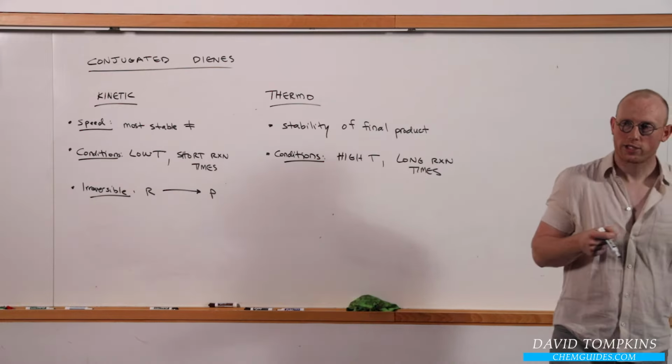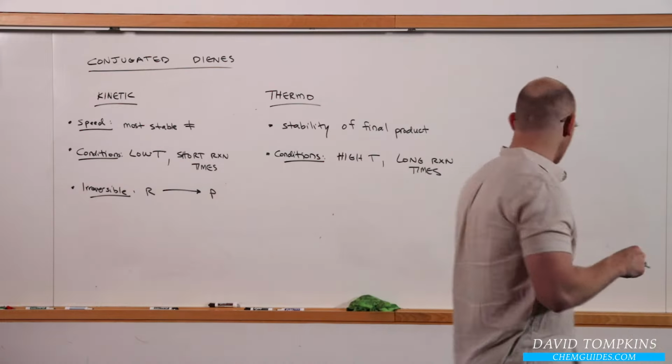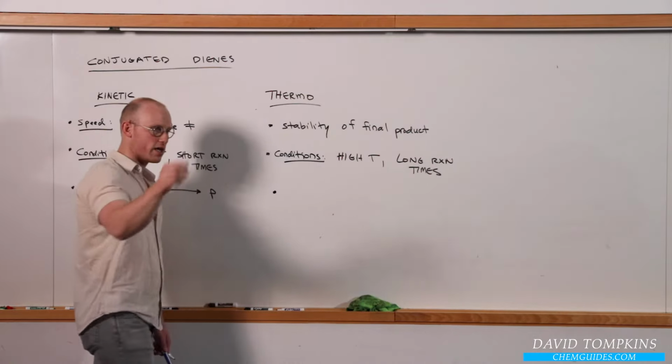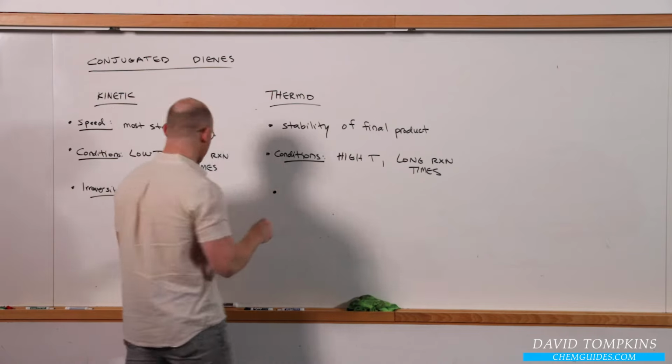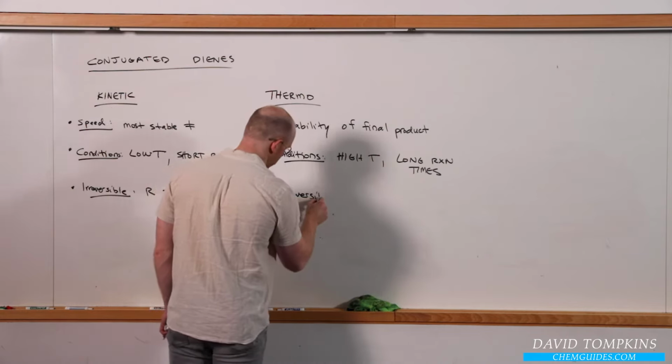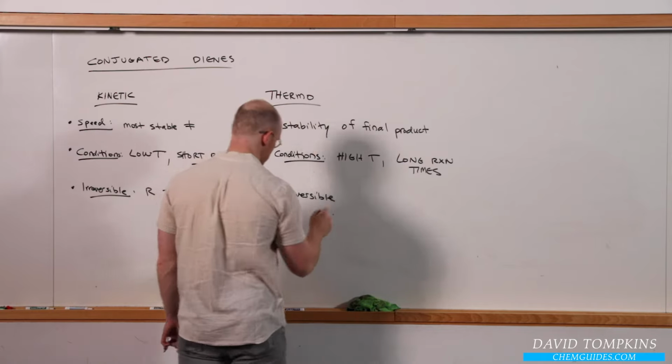What that means is the reaction becomes more reversible, or the molecules can equilibrate back and forth. It can overcome the transition state from left to right and right to left, or you are under reversible equilibrium type conditions.